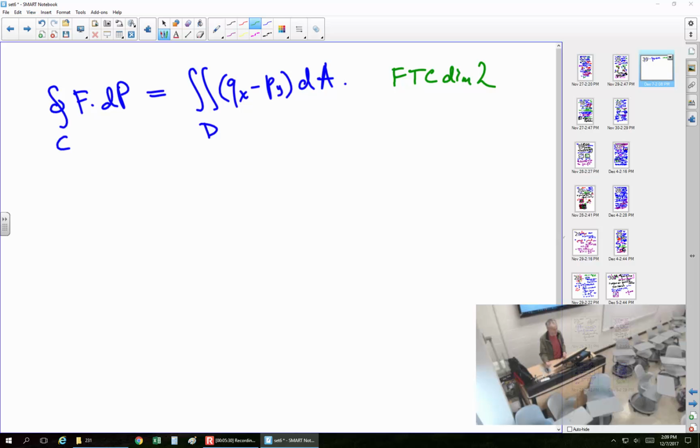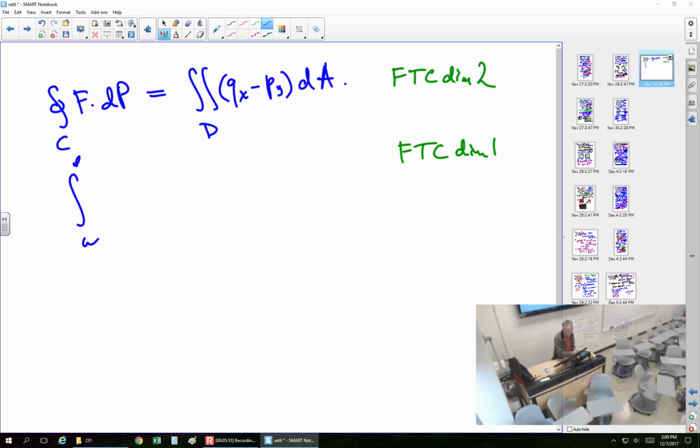So let's try to understand and match it with the theorem in calculus 1. So the fundamental theorem of calculus, dimension 1. Let me just write it out and see if anything springs to mind. So let me just ignore this formula and write the new one.